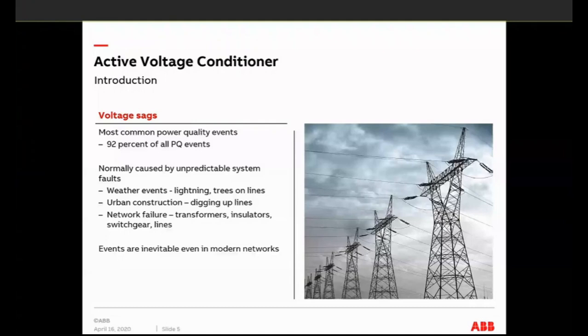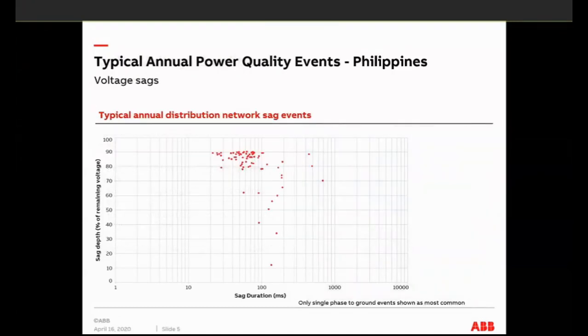Just to give you an idea, these are the typical annual power quality events here in the Philippines, from 1 year of power quality monitoring. On your left side, the vertical axis is the percentage of remaining voltage when there is a sag depth, while on the horizontal axis is the sag duration, which is in milliseconds.